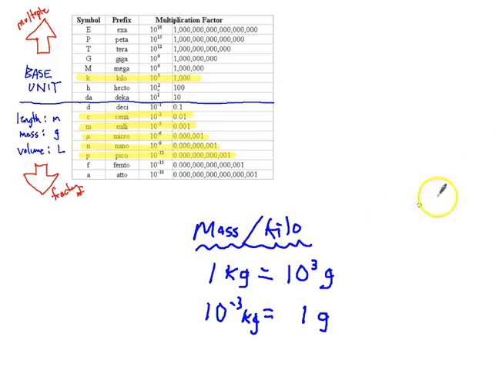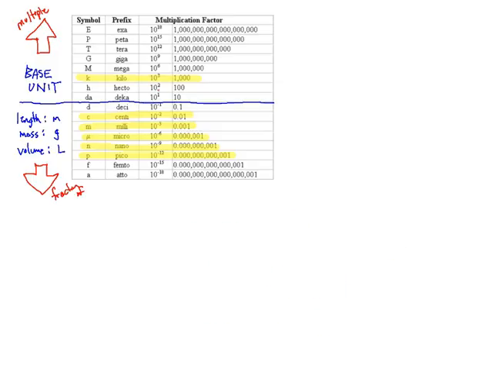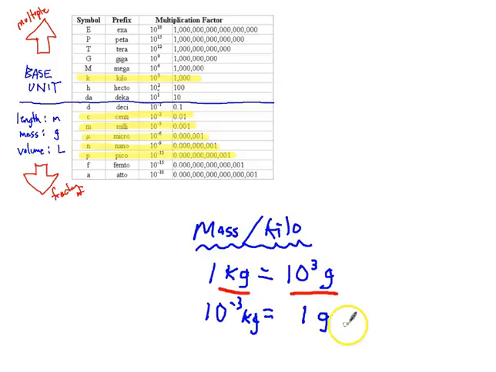In the case of the top equality, I have one large one equaling lots of small ones. On the bottom, it's the reverse logic. One small one is equal to a fraction of a big one.